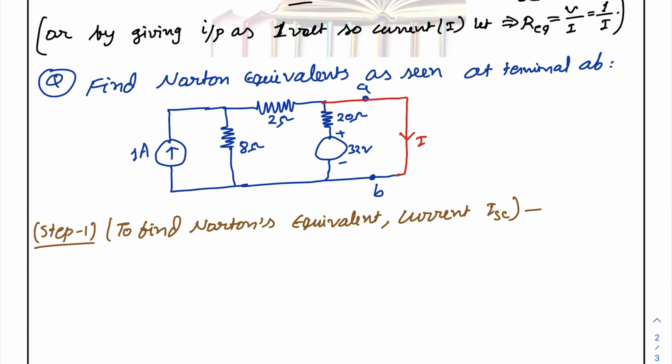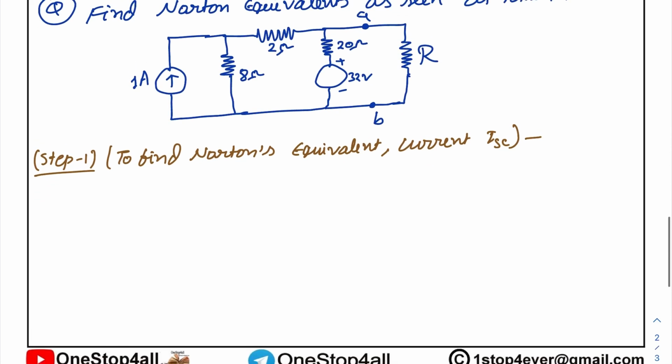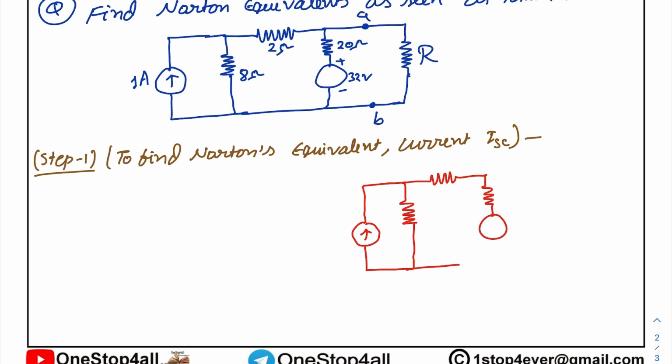So it will be going back, okay, like this one. So now the new modified circuit, we will redraw the circuit like this one. This will be your current source, which is 1 amp as given, and there will be one resistance, and there is one more resistance like this one, and there is a resistance and one voltage source.